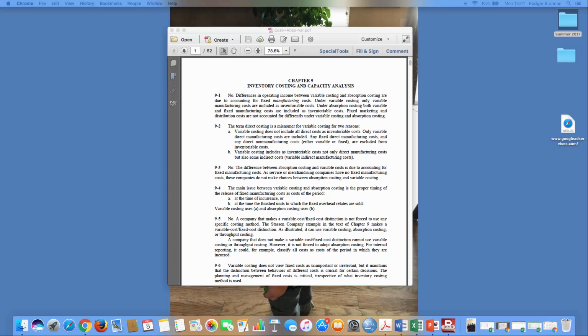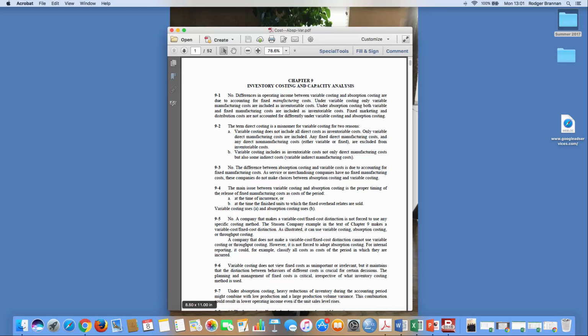Now, when you look at the reconciliation and you do the adjustment process here, non-manufacturing costs are irrelevant. They're always going to be subtracted after the fact. The issue here is what happens to fixed manufacturing cost. That's the element of reconciliation between these two different types of statements.